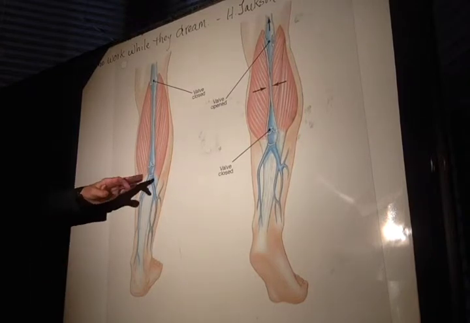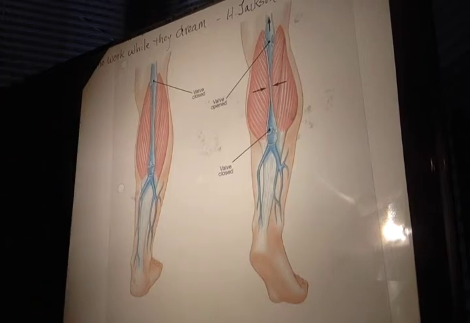When muscles contract, they squeeze on the veins that are adjacent to them, and the blood in those veins moves.